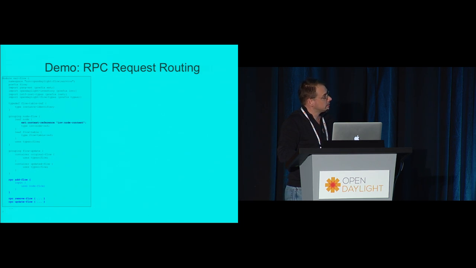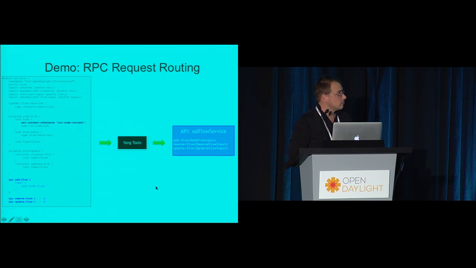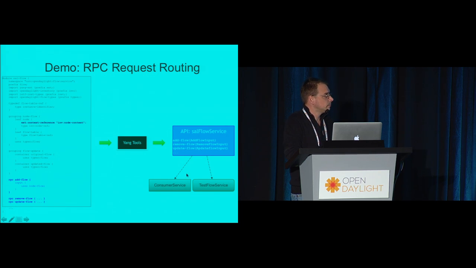We take this Yang file, run it through the Yang tools, and then generate this API, which generates these functions, actually more than three. You get both sides of the RPC function generated, and you have to fill those in. Then those functions are reloaded into the controller, and voila.